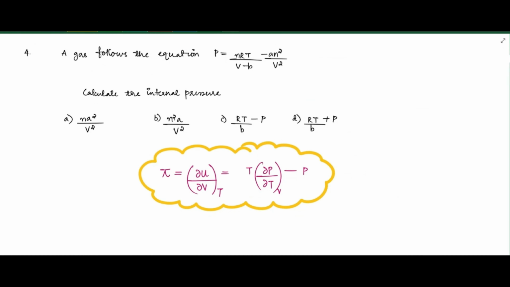So P is already given in the question. You have to find the rest. What do we do first? To find the internal pressure, you find this dou P by dou T at constant volume. Find it.